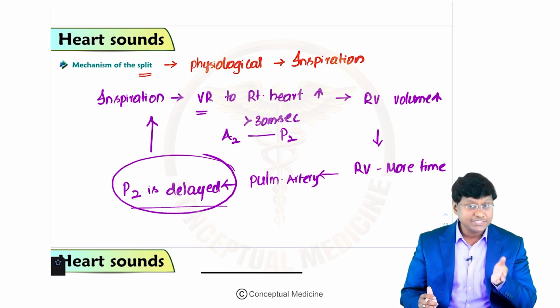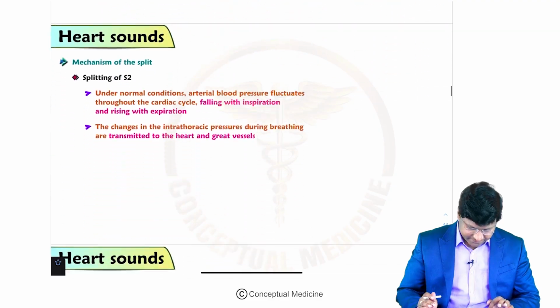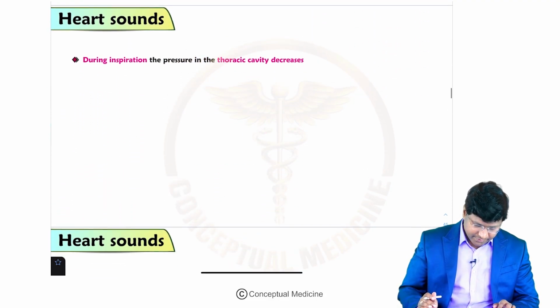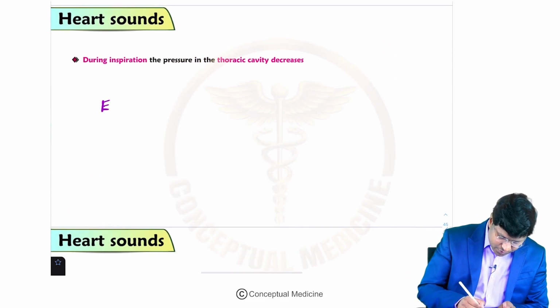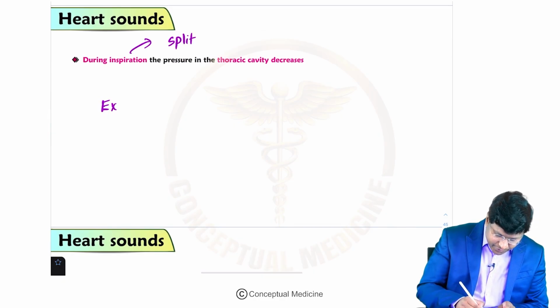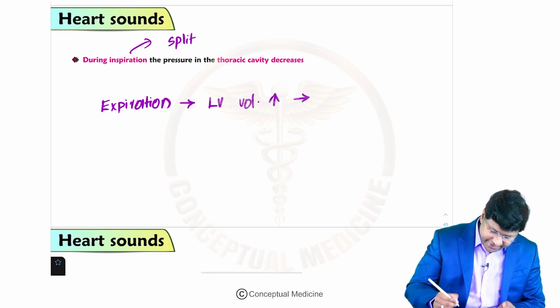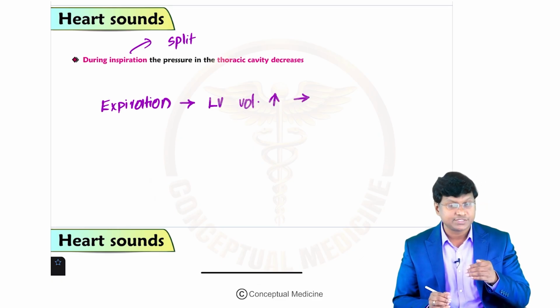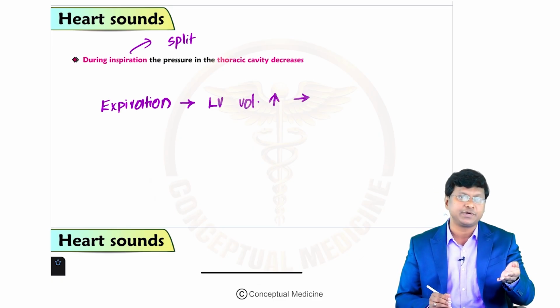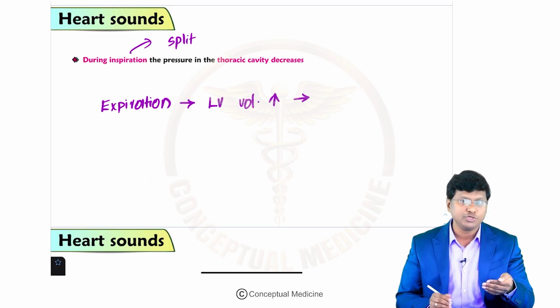right? Whereas during expiration, so only during inspiration, you will listen to that particular split. During expiration, what happens is the LV volume increases. So thereby, the left ventricle takes more time to empty the blood into the aorta because the LV volume is more.